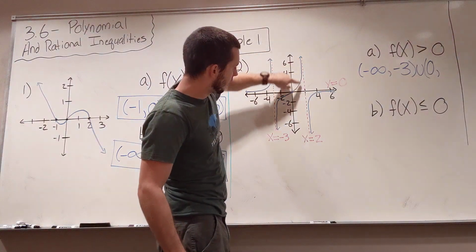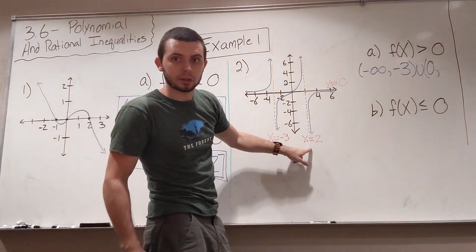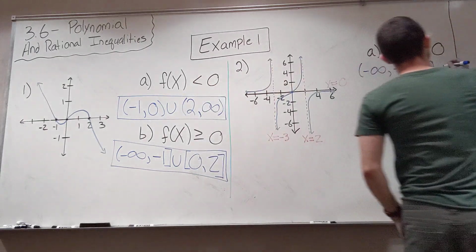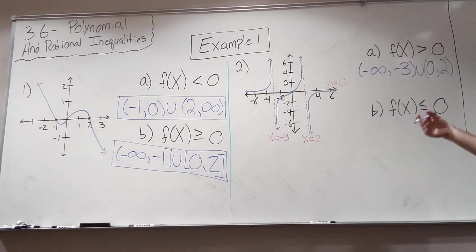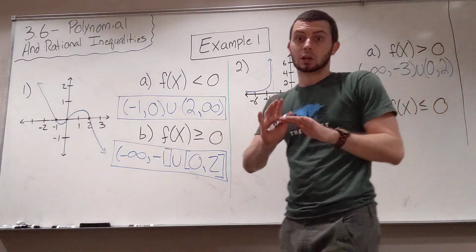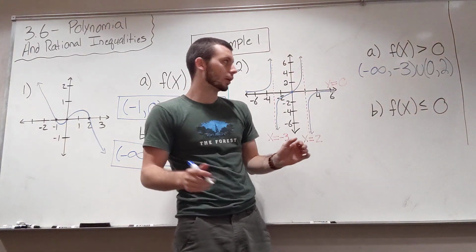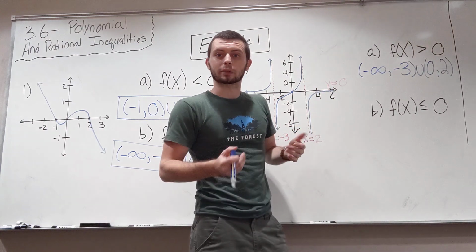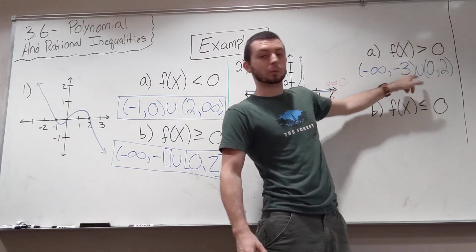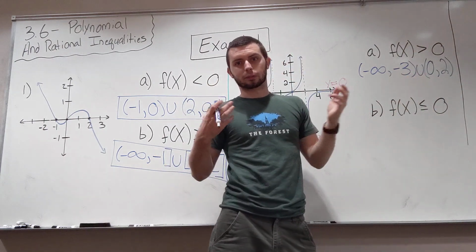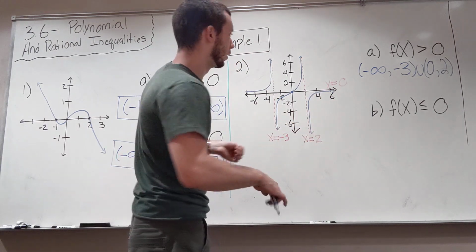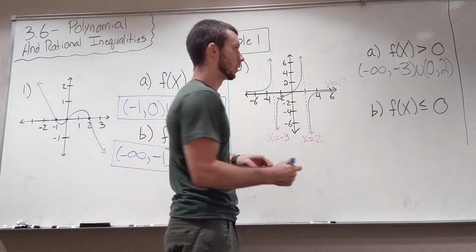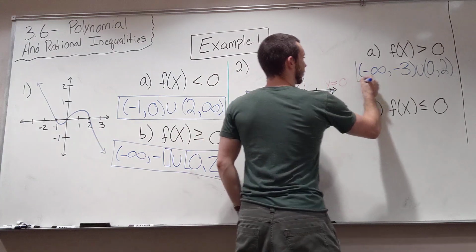This asymptote corresponds to 2, to x equals 2, and that will be the other end. And a good rule of thumb, asymptotes will never have brackets. Well, at least vertical asymptotes. Vertical asymptotes will not have brackets. We'll see this, you might notice in the notes, we have a few more graph-based problems, but that's a good rule of thumb. And so this would be the answer for part A.